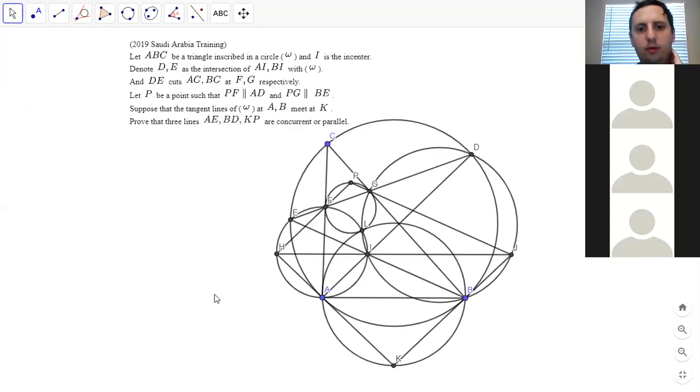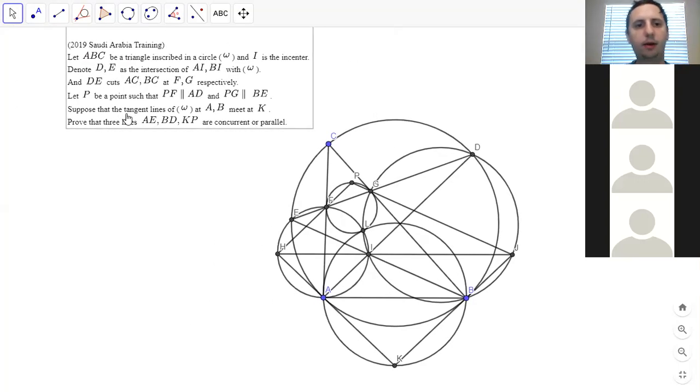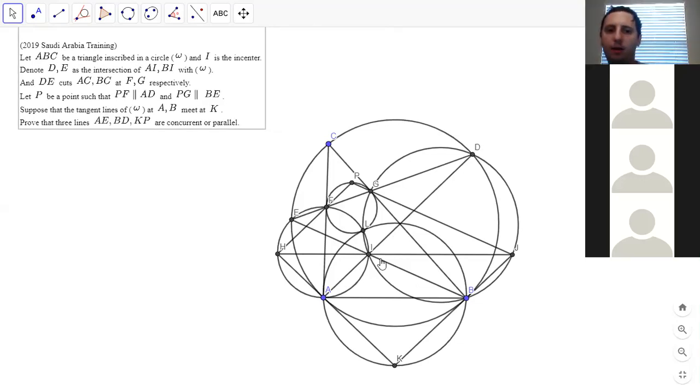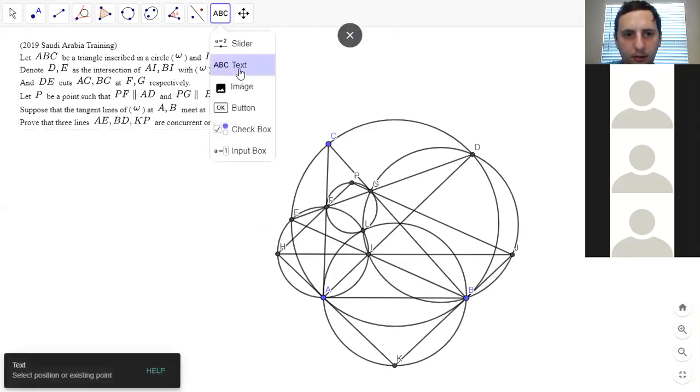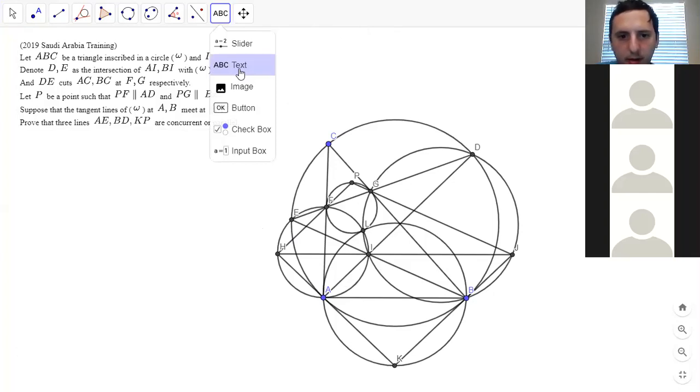First I'm going to show that K lies on the radical axis. I'll start out by saying consider the circles AEF and BGD.